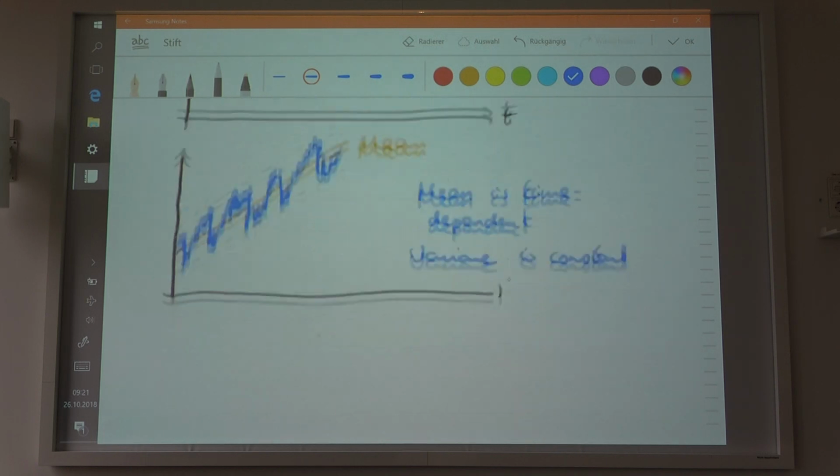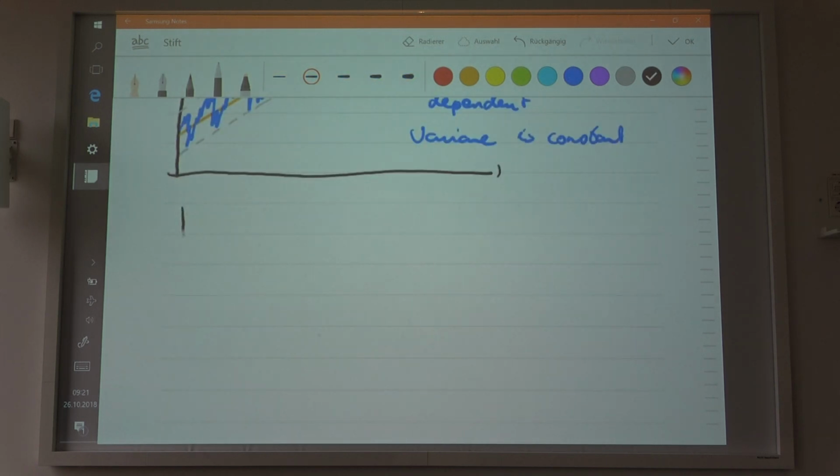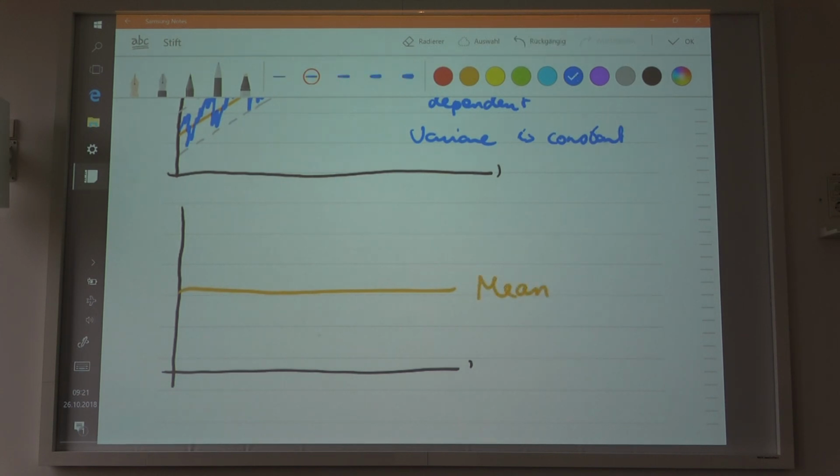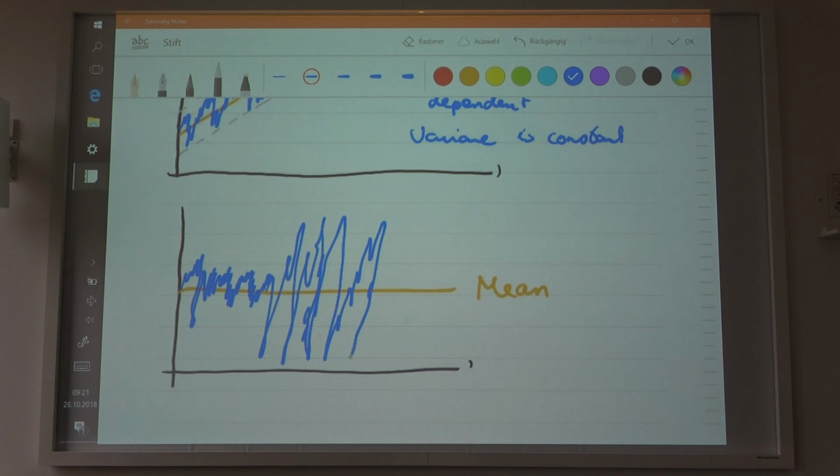Now, what happens if you have a time dependency in the variance, but not in the mean? Suppose you have a mean that is not time dependent. This is the mean again, but you have a time dependency in the variance. It could look like this: here you have a time period where the variance is this large, and then a period where the variance becomes larger and then smaller again.